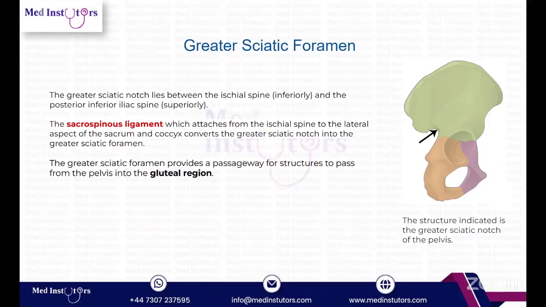The third is the sacrospinous ligament, which, due to its attachment, converts this notch into a foramen. Now we have a space through which some contents can pass. The greater sciatic foramen provides a passageway for structures to pass from the pelvis into the gluteal region. So that's the significance of the greater sciatic foramen in our body.